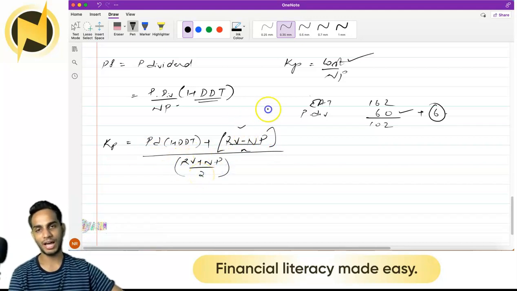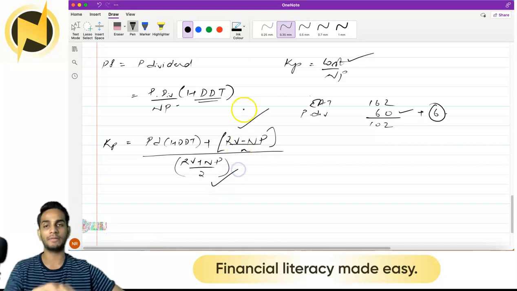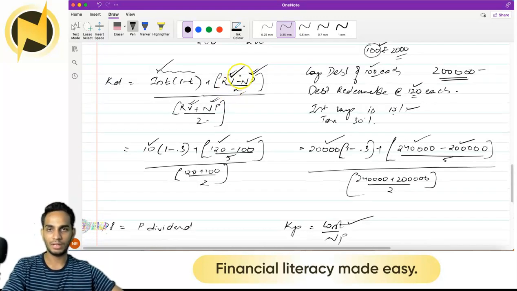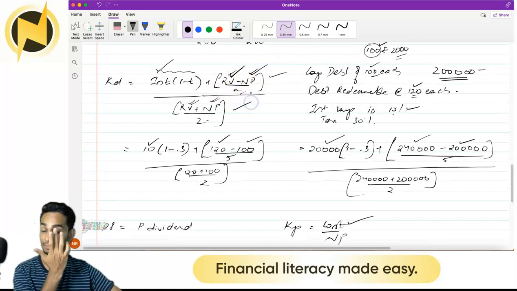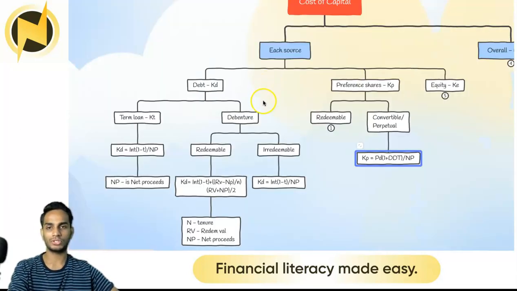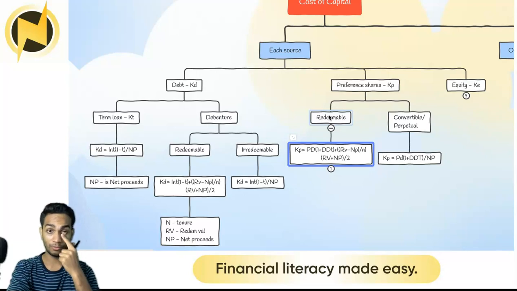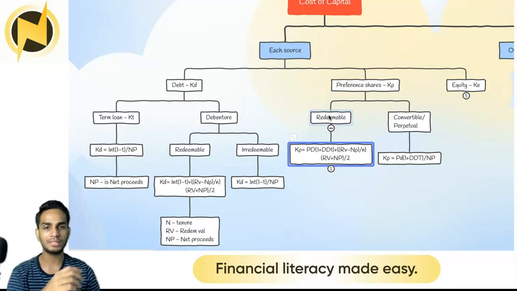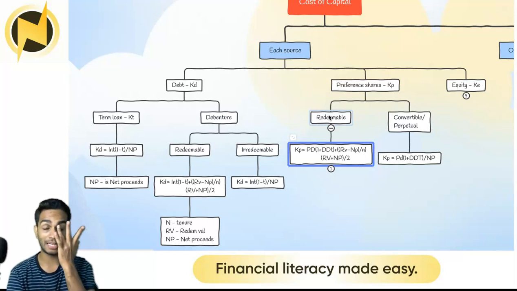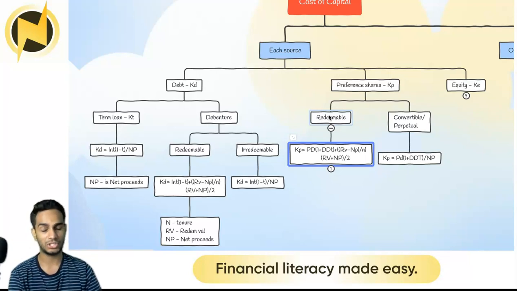So the extension RV minus NP divided by N, over RV plus NP divided by 2, is the same here and here. See, same. Let's go back to our chart. It's redeemable: preference dividend into 1 plus dividend distribution tax plus RV minus NP divided by N, the whole divided by RV plus NP divided by 2. Always remember, unlike debt, for preference shares the additional attachment of tax, that is 1 plus dividend distribution tax, shall not come for every case.